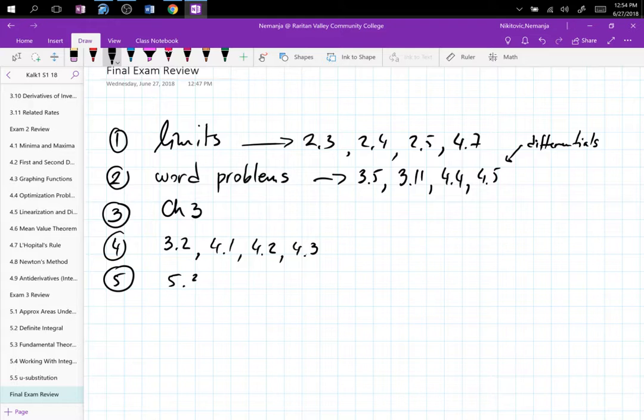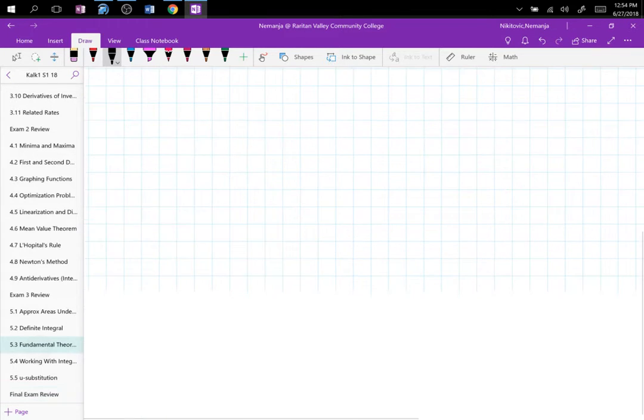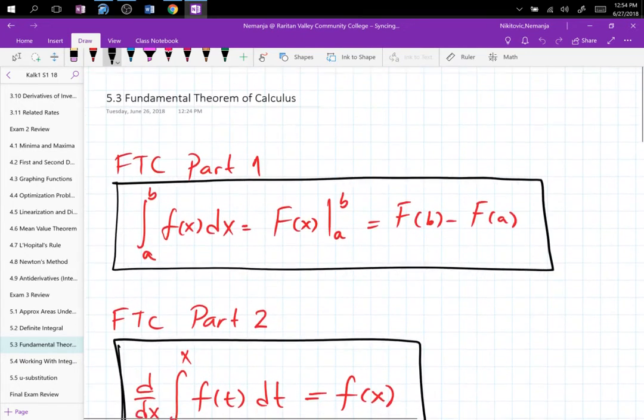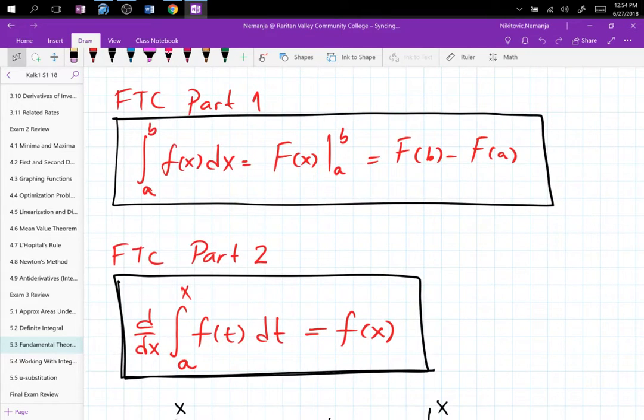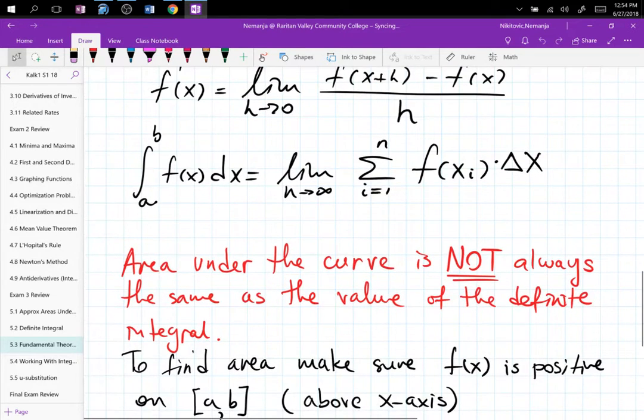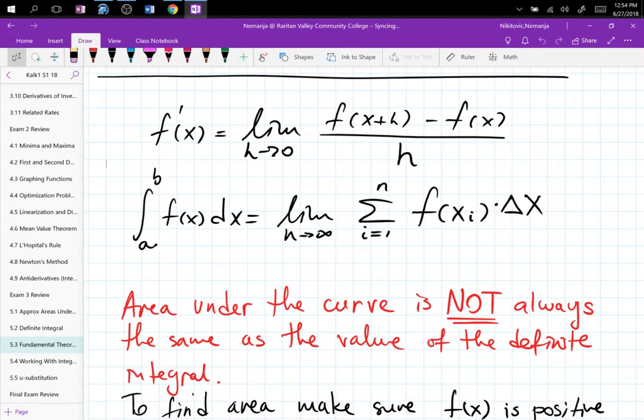And I did talk about, when we talked about fundamental theorem of calculus, I told you that the question could be state the fundamental theorem of calculus, which is both of these statements. It could be explain why they're opposite, which are these two statements, and also area under the curve.